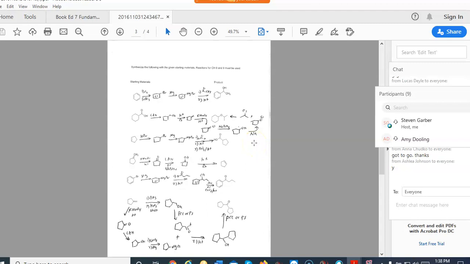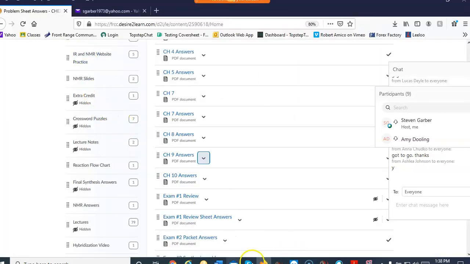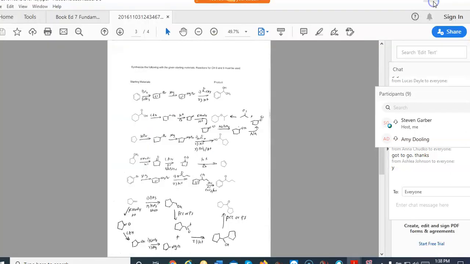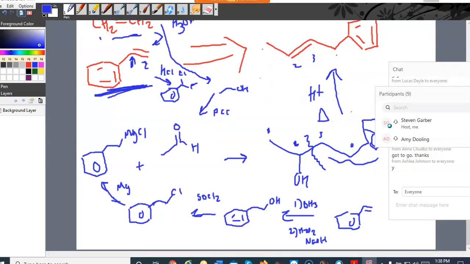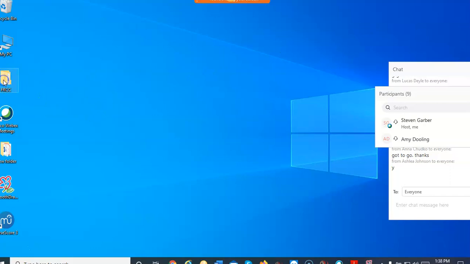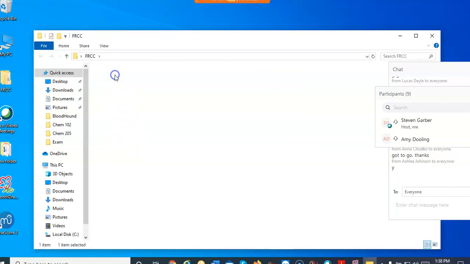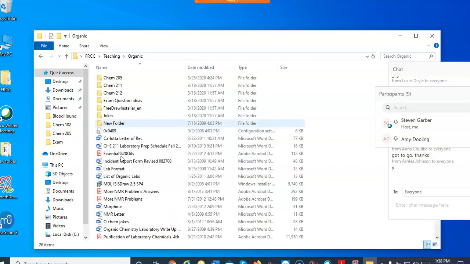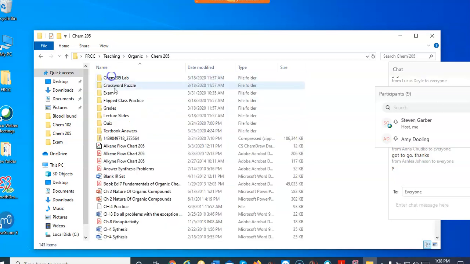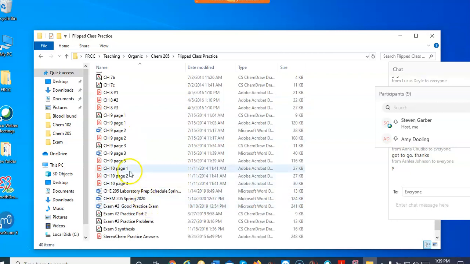Let me pull up the sheet that I'm going to post to you guys. I'll post this as soon as we are off. I thought I posted these. There's so much going on, I forget to do a lot of stuff these days.